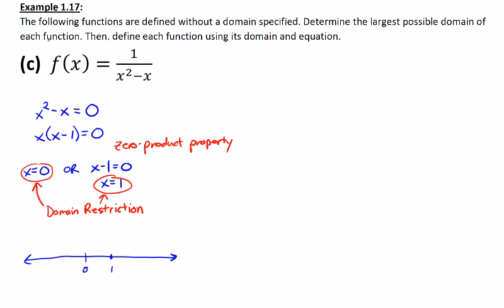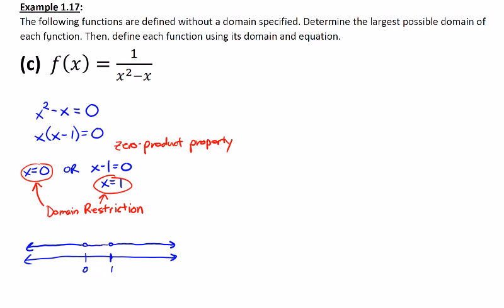We represent a restriction using an open boundary, and then I want all of the other real numbers to be a part of the domain. So that means every real number that's less than 0, every real number that's greater than 1, and we can't forget all the real numbers that are in between 0 and 1.